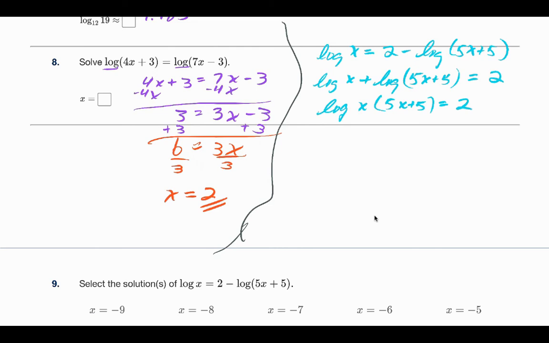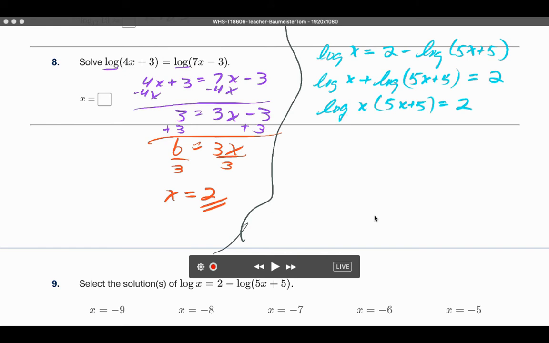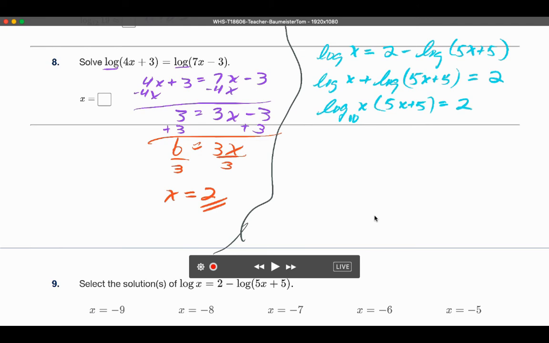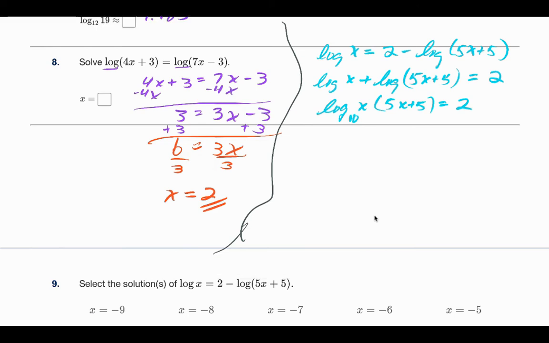Remember, if I have a log and I don't have a number down here, it's a common log, so you could write that as to the base 10 there. And now once I have that base 10 there, think again what I keep saying: this base raised to this power equals that.